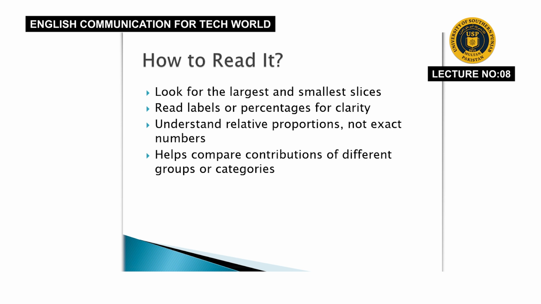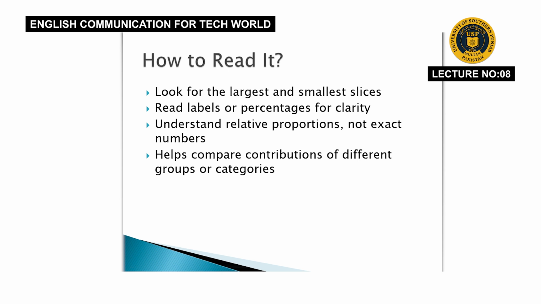Now, how to read a pie chart? To read a pie chart, start by identifying the largest slice. This slice represents the biggest contributor. Then identify the smallest slice, which shows the lowest contributor. Next, read the labels or percentages written on or beside the slices.